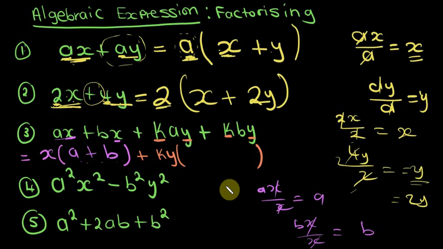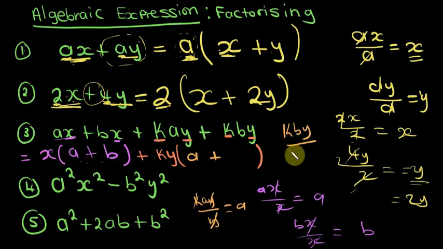We divide the first term, which is kay, by ky. Ky cancels out, we're left with a plus, do the same, kby divided by ky. Y and y cancel out, k and k cancel out, only left with b. So a plus b.